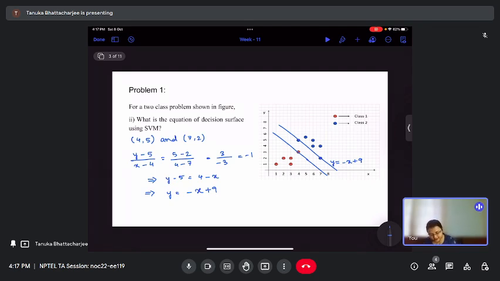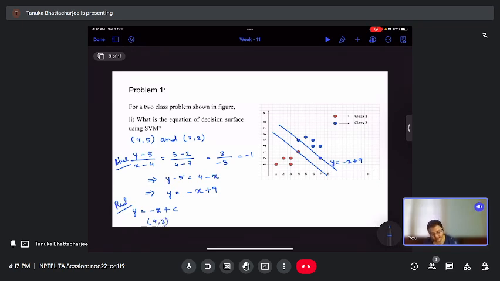So, we can say that the equation will be, this is for blue class, for red we can say the equation will be, since the slope is same, y equal to minus x plus some intercept c. Now, this is passing through the support vector 4, 3.